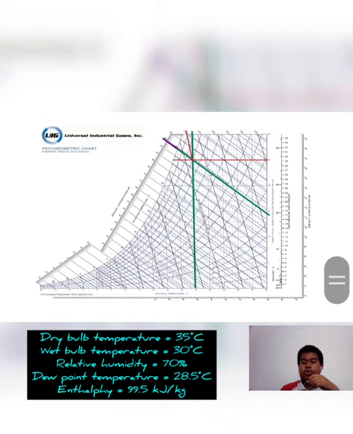Okay, so the value of dew point temperature is 28.5 degrees Celsius, and lastly the value of enthalpy for question 3 is 99.5 kilojoule per kilogram.